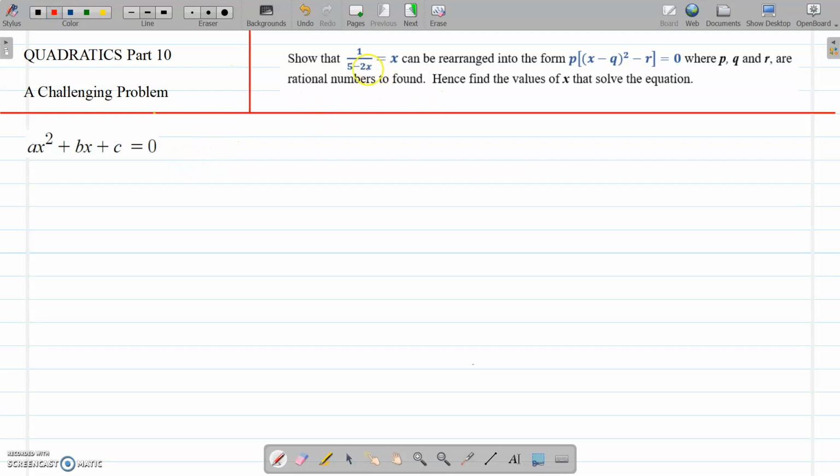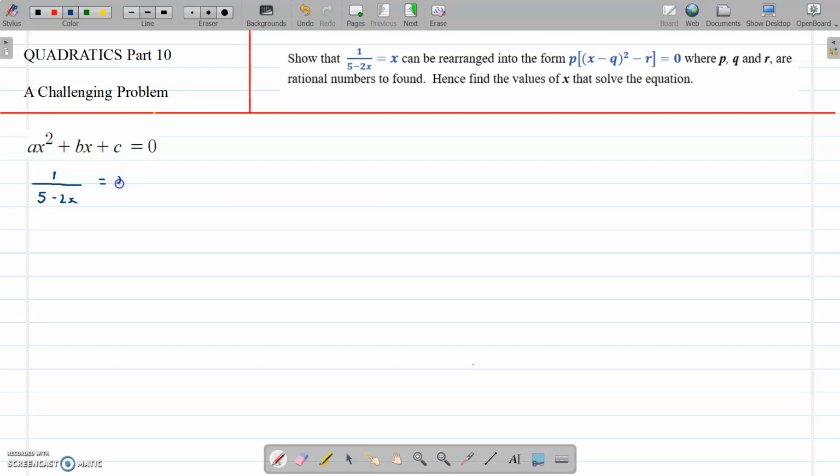And I'm just going to look at that and say, well, I'm going to multiply both sides by the denominator. So I'm going to start by writing, I'll just start with the question as it is. So it's 1 over 5 minus 2x equals x.